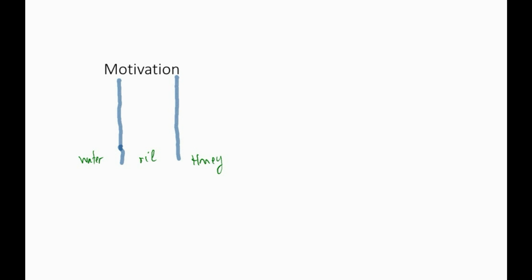Suppose you have a Brownian particle that is moving, and for some reason the particle goes into this layer, moves into the oil, and the intuition is that in the oil the particle will have a smaller diffusion coefficient, and it's going to be even smaller when it goes through this honey layer.